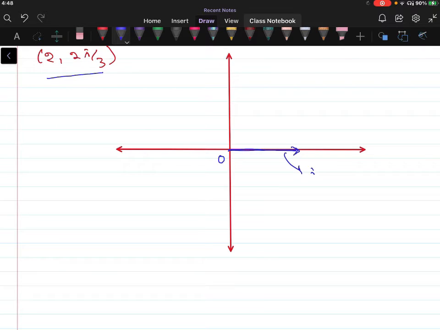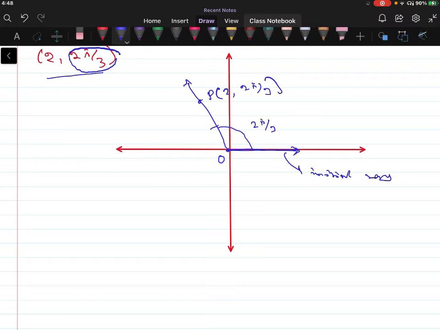So this is the initial ray, and draw the ray with an angle 2 pi by 3, where the initial ray makes an angle 2 pi by 3. So this is the angle 2 pi by 3. Take 2 units from the origin. So this is radius 1, 2, this point is P, so P is (2, 2 pi by 3).